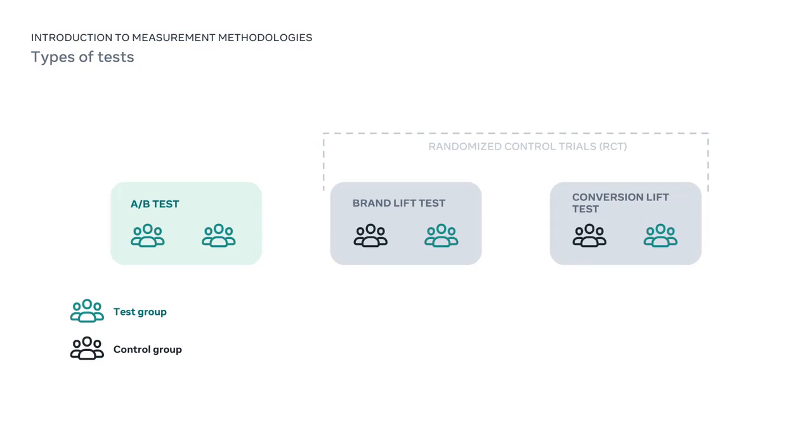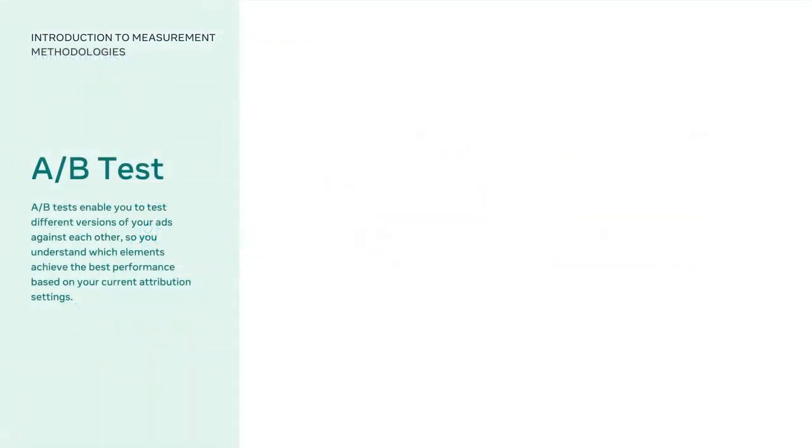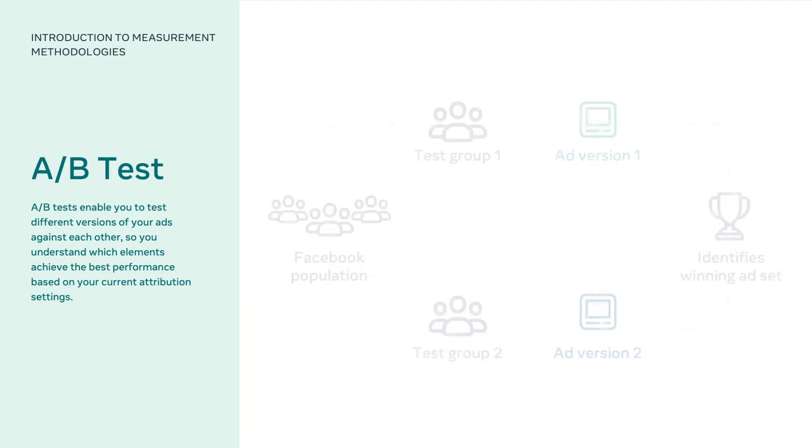Let's first discuss A/B tests. A/B tests enable you to test different versions of your ads against each other, so you understand which elements achieve the best performance based on your current attribution settings. This test is ideal for businesses that just want to learn which tactics work best to optimize future campaigns. In general, we recommend an A/B test for day-to-day tactical optimizations.